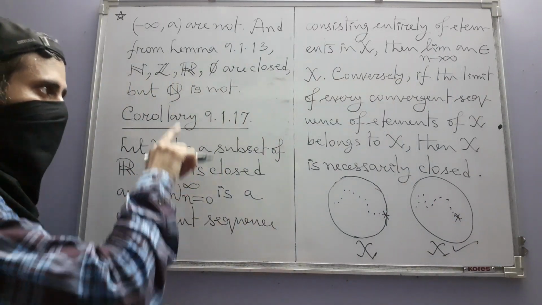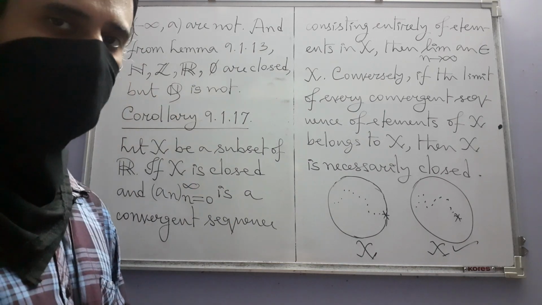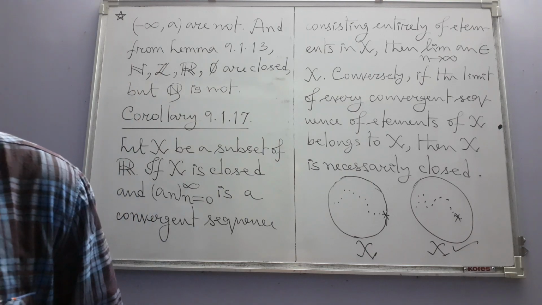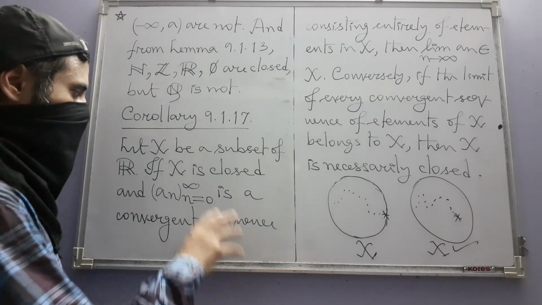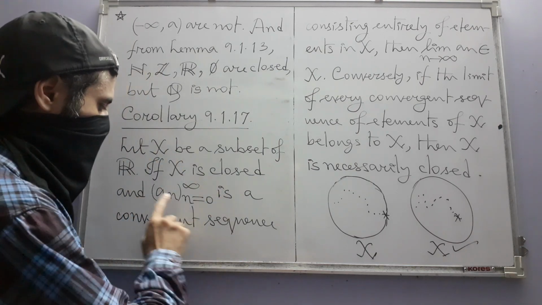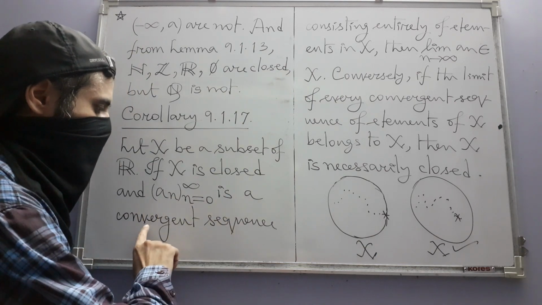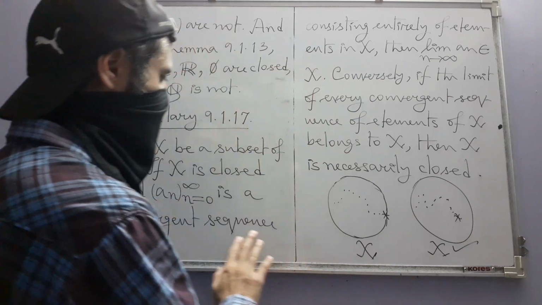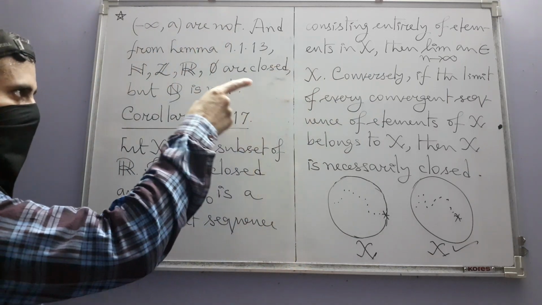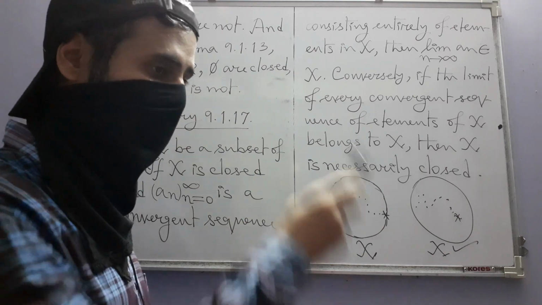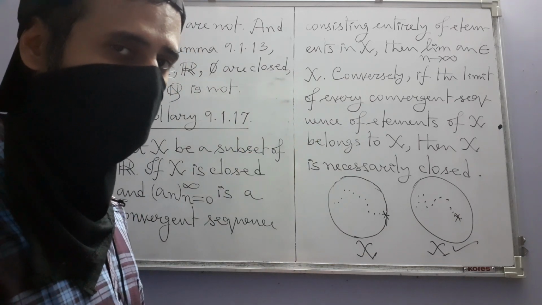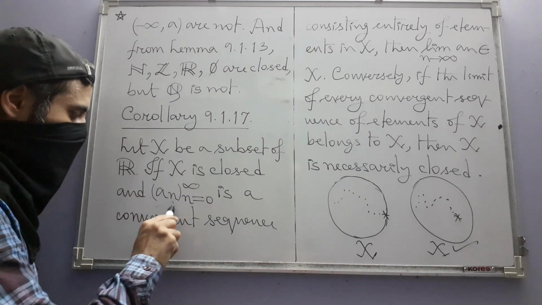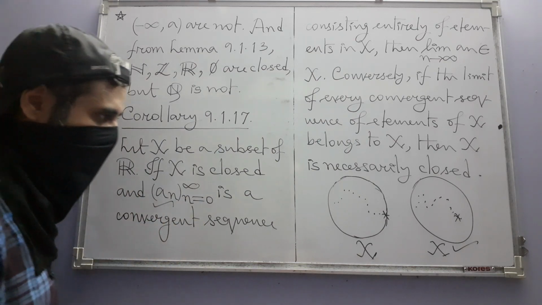How is this corollary following from that lemma? Is it lemma or theorem? Yeah, it's lemma. It's actually quite easy. Suppose X is closed, okay, and now you have a sequence that is convergent, so it has some limit, this. You want to prove that that limit actually belongs to X. By that previous lemma, what is the conclusion in this case for the limit of this sequence?